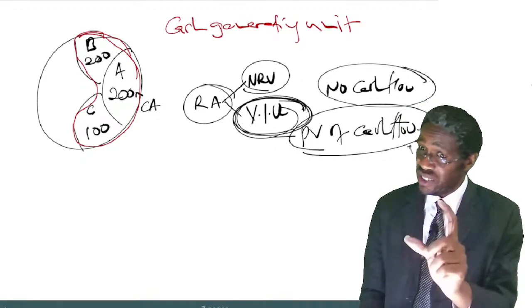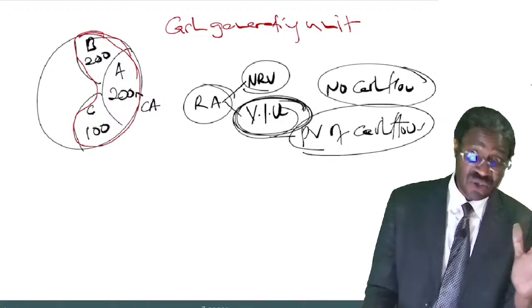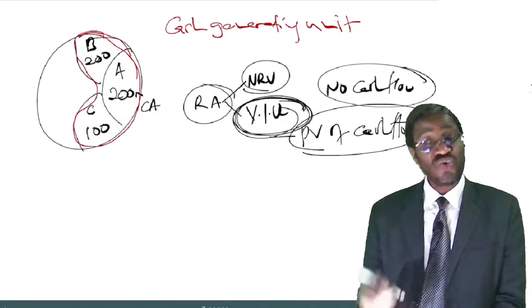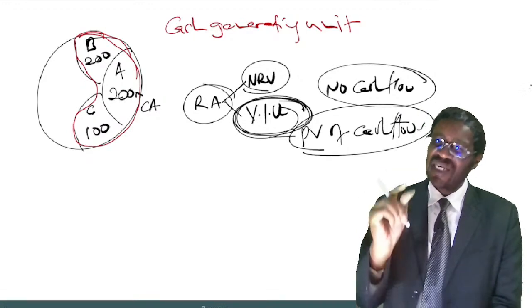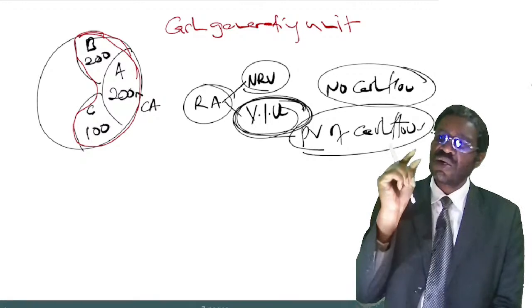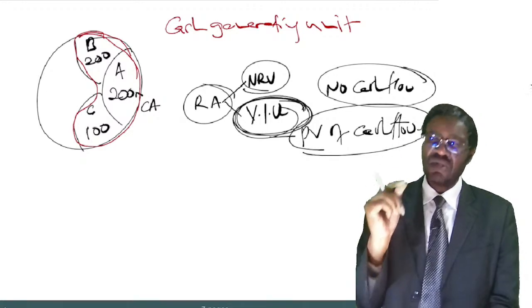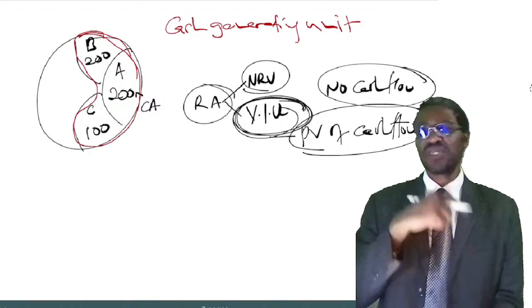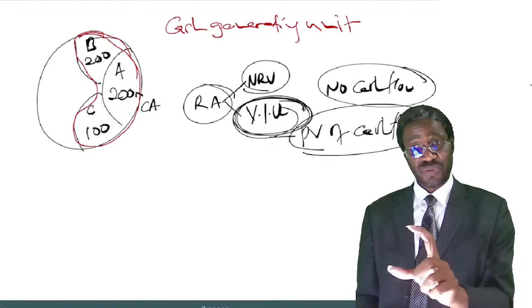I am not saying put asset A together with all the other assets of the company. No. You are required to identify the smallest group of identifiable assets which, as a group, can generate its own independent cash flows.